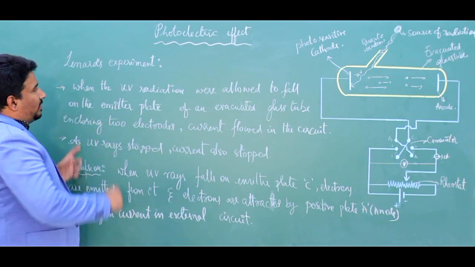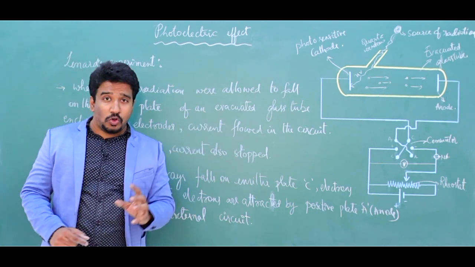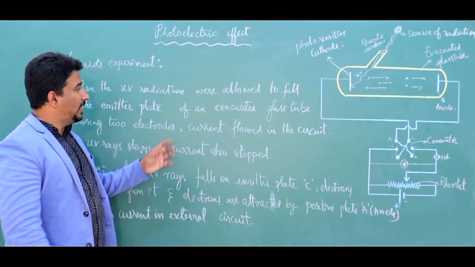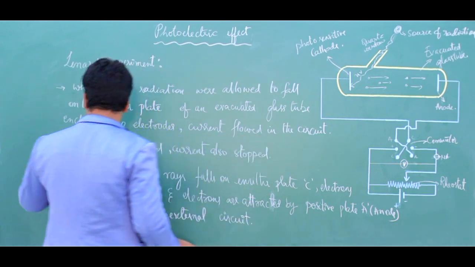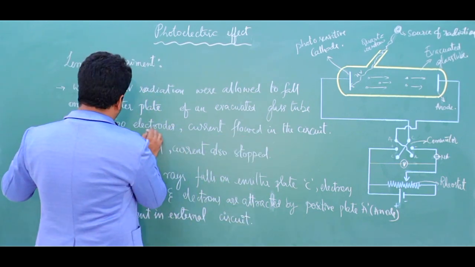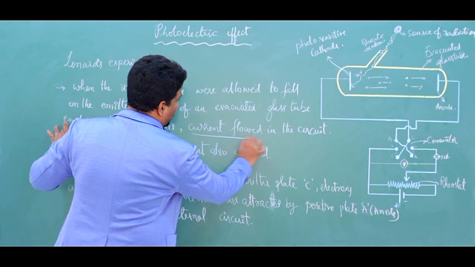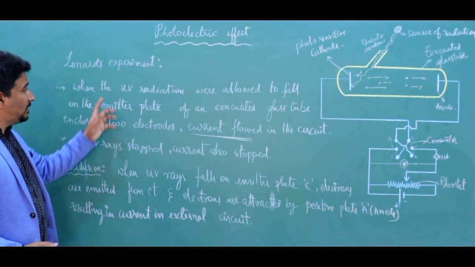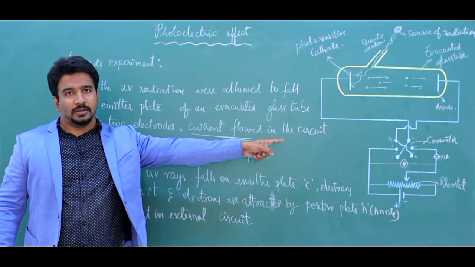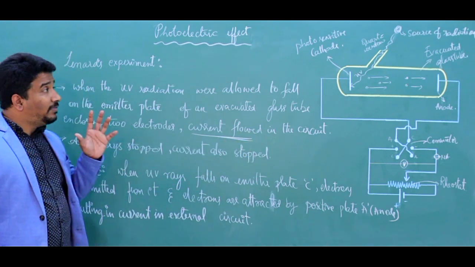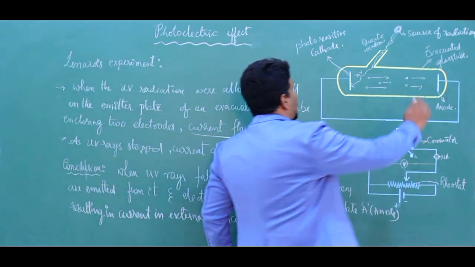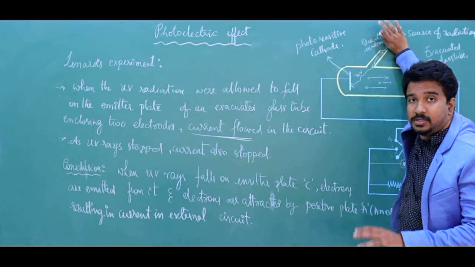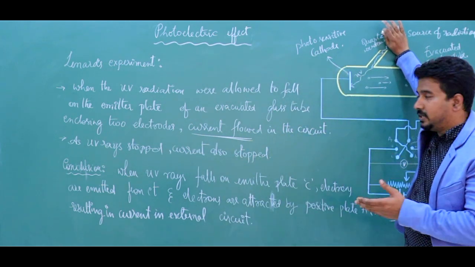So that is written here. When the UV radiation is allowed to fall on the emitter plate, there is a current flow in the circuit. So whenever there is UV radiation, there is a current flow in the circuit. Now if we stop the UV radiation, there is no electric current in the circuit.